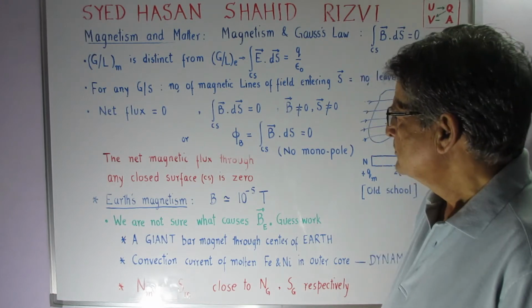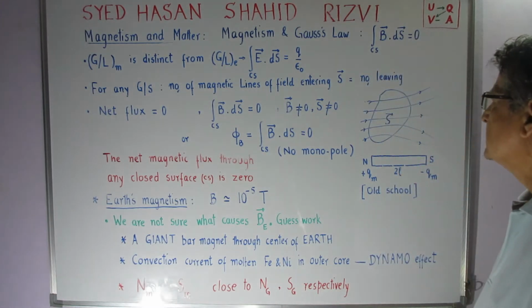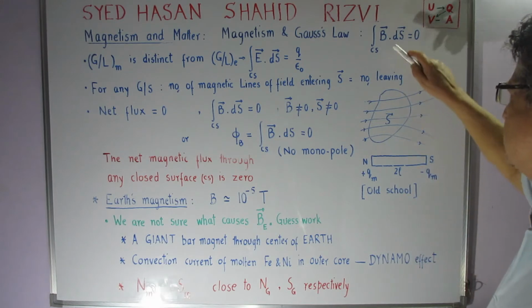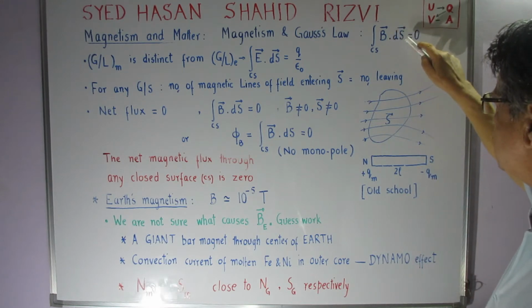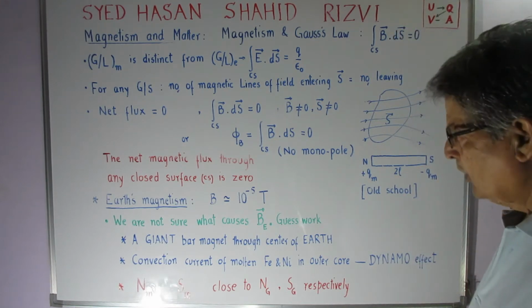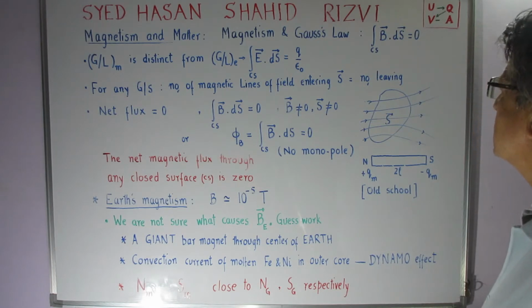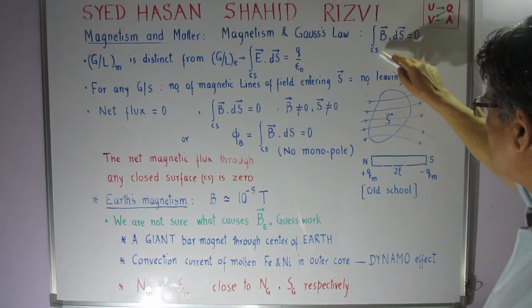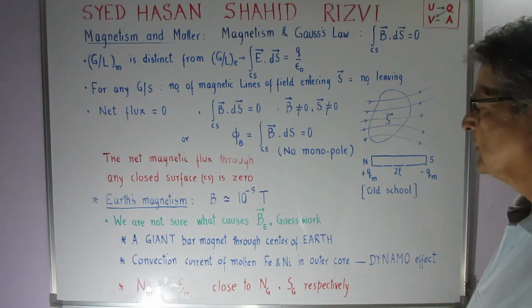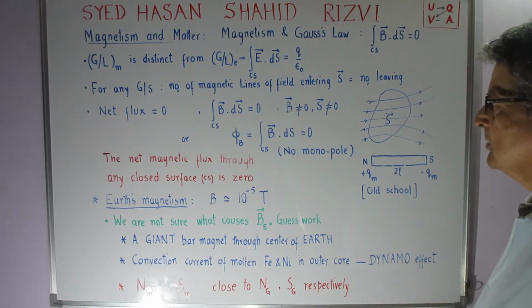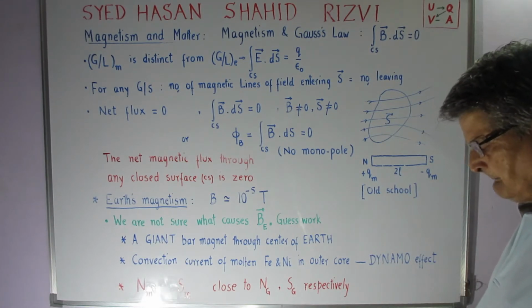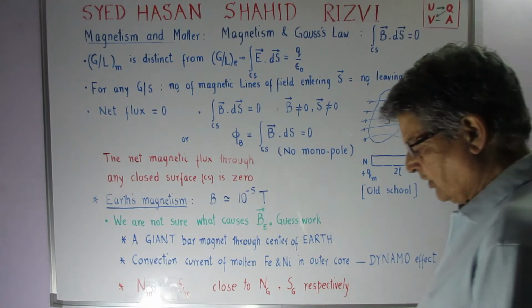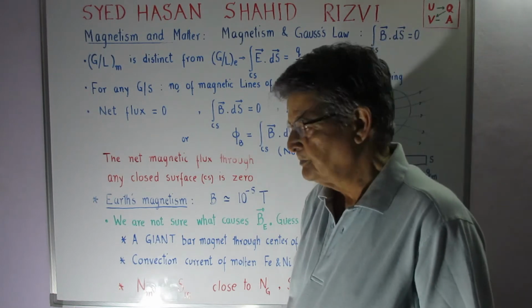And this goes like this: the magnetic field B dot dS, which is the surface vector, over a closed surface (CS stands for closed surface) is equal to 0. This is the Gauss law for magnetism.